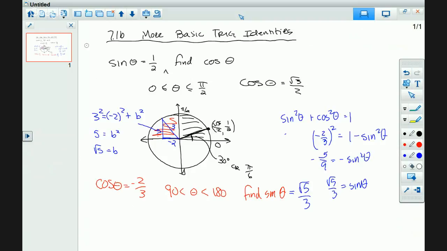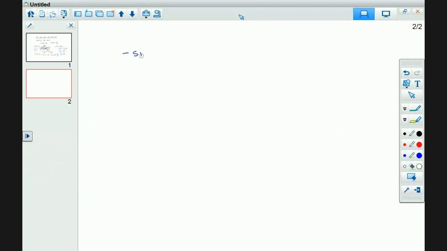So these can be pretty useful because it can kind of give you everything in quadrant 1. A is just an angle measure. Okay.